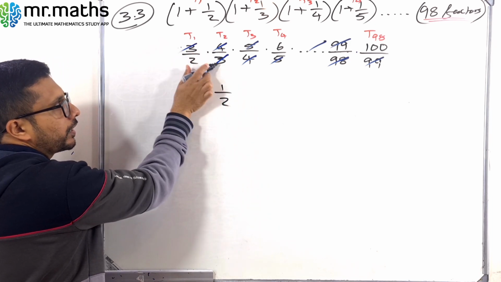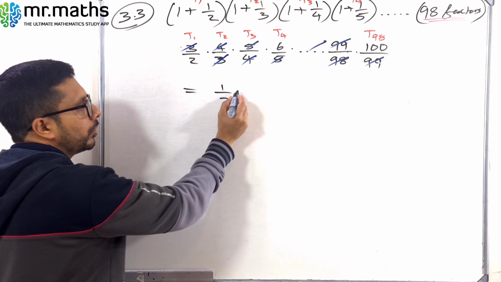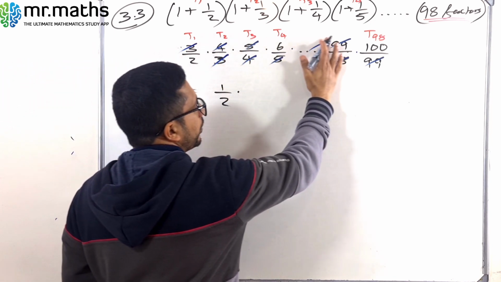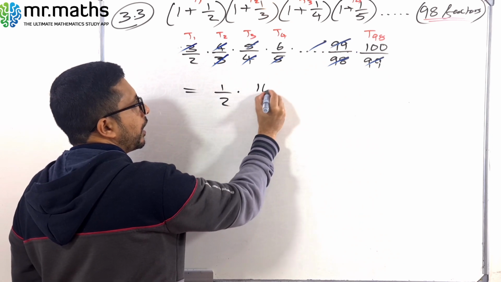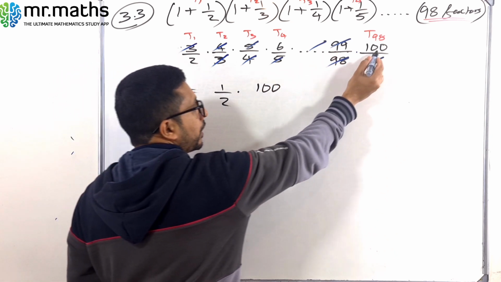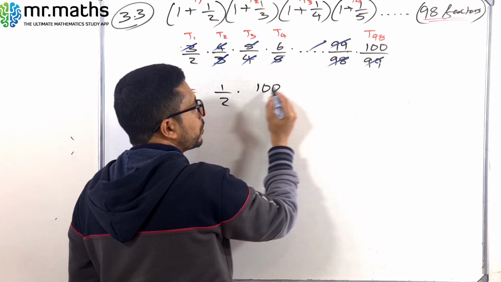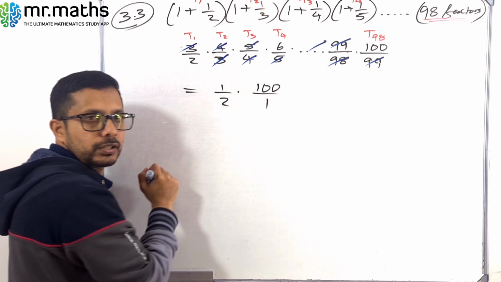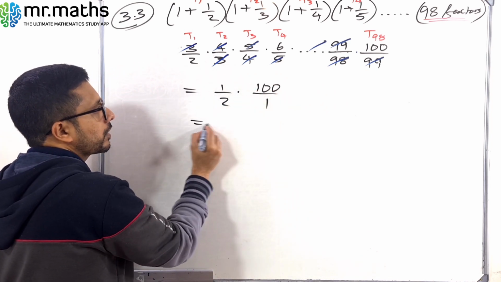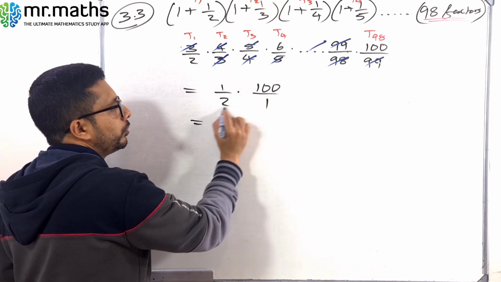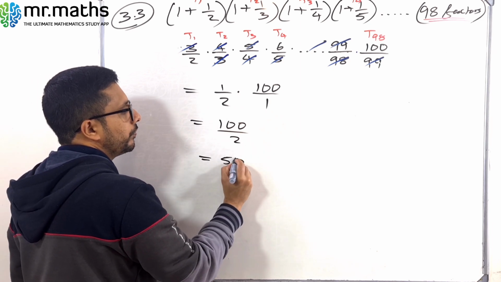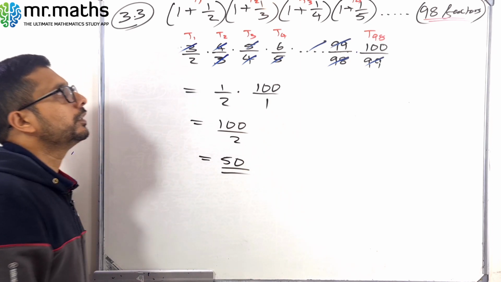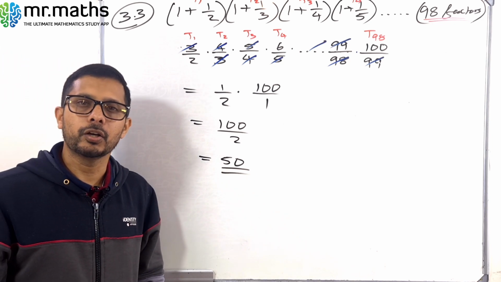Then all these terms cancel, and the last term has a 100 remaining with nothing to cancel, so 100 divided by 1, that is 100, and 2 into 1 is 2. So 100 divided by 2 is 50. The answer for that question is 50.